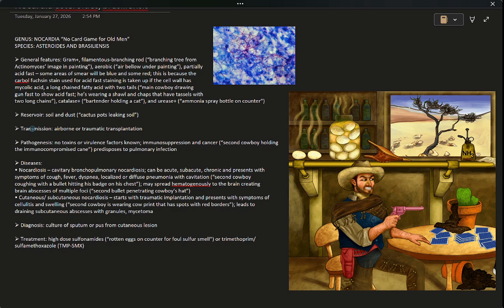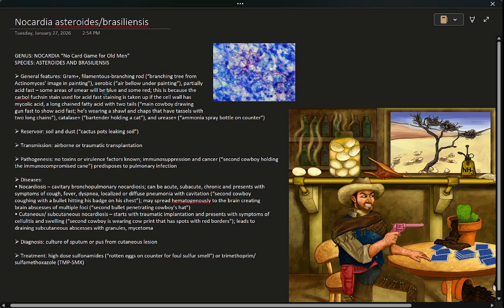And then for transmission, the transmission typically occurs through airborne or traumatic implantation means. And then for pathogenesis, there are no known toxins or virulence factors. But anyone who is immunosuppressed or who has cancer can be predisposed to pulmonary infection by the Nocardia bacteria.